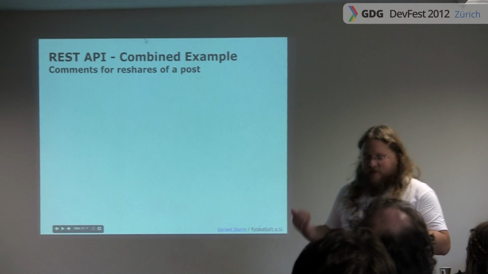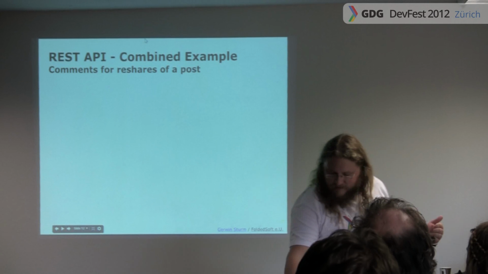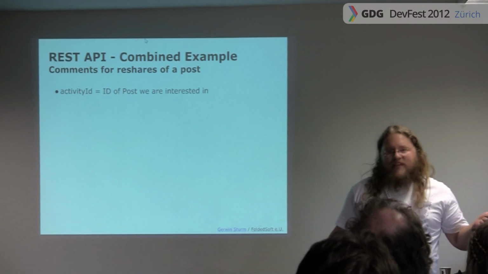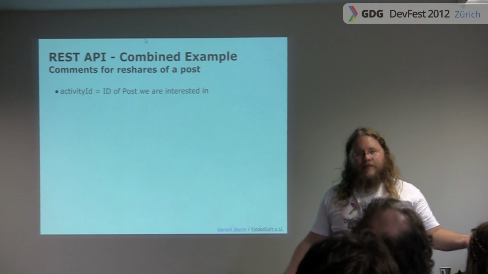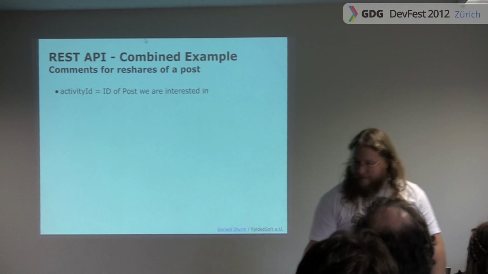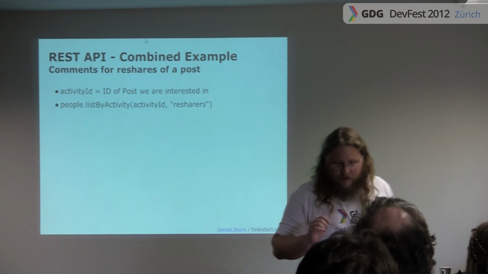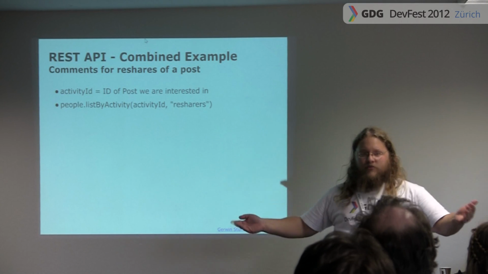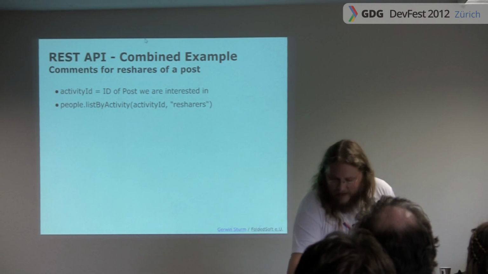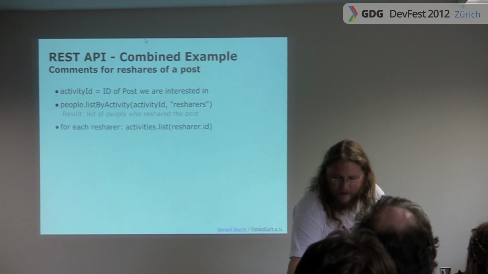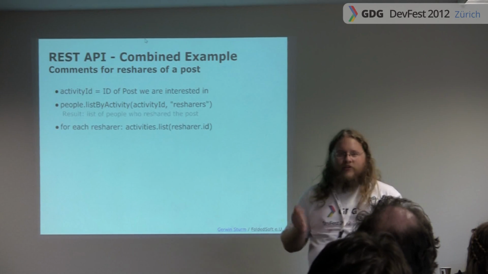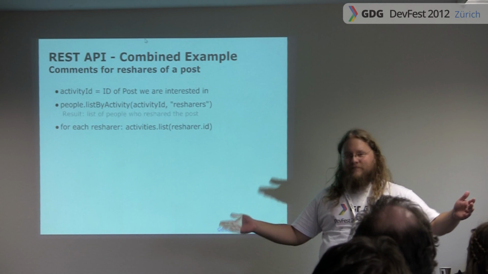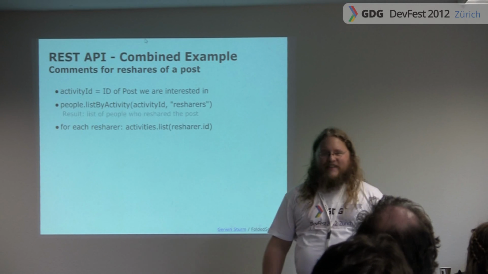you have to solve it in several steps. The first thing you need is the activity ID of the post you're interested in, whichever way you get it. Then for this activity ID, you get all the people who reshared the post. In the next step, for each of those people, you get the activities, all of them, which can be many.